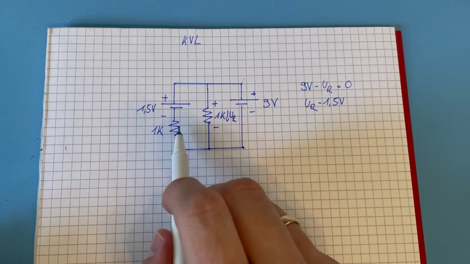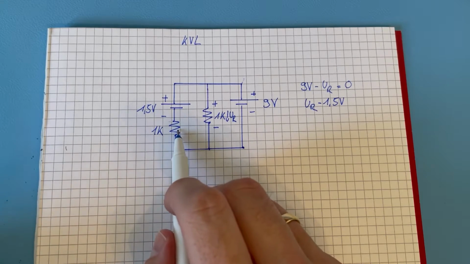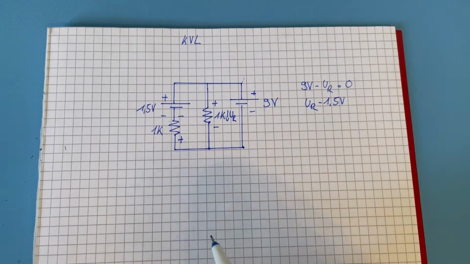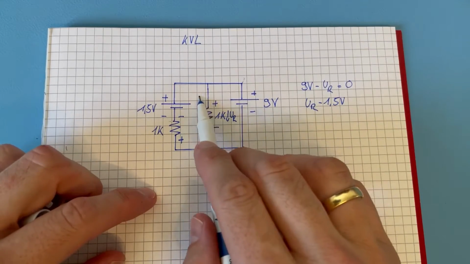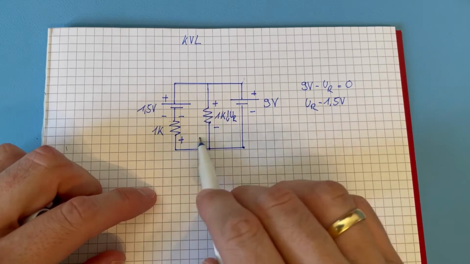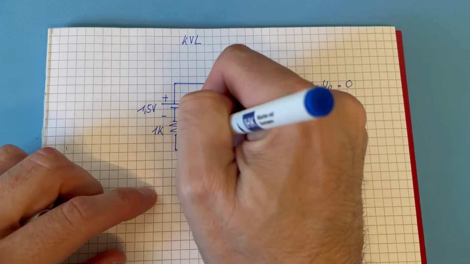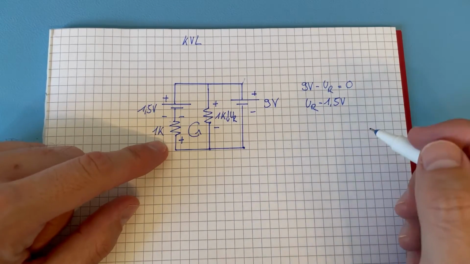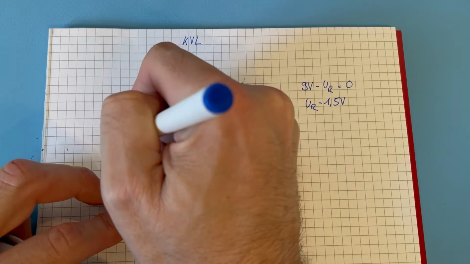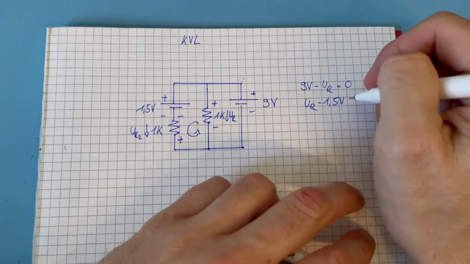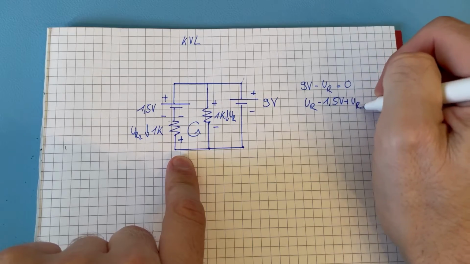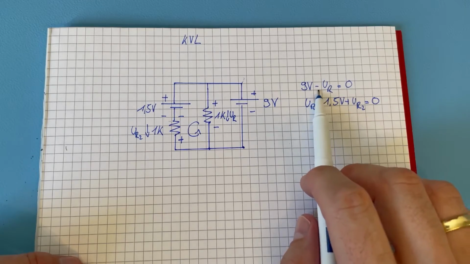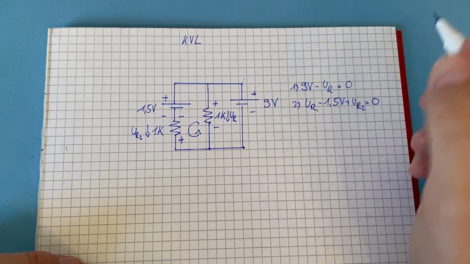For this other resistor, we call its voltage UR2, and it is in the direction of our loop, so plus UR2 equals 0. Let's call this the first equation and this the second equation.